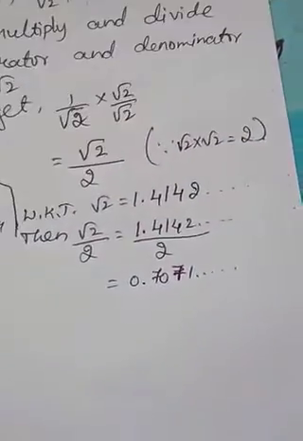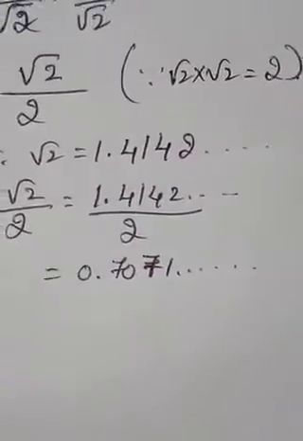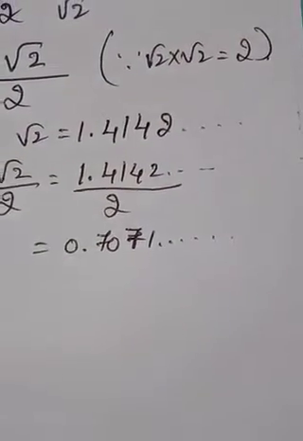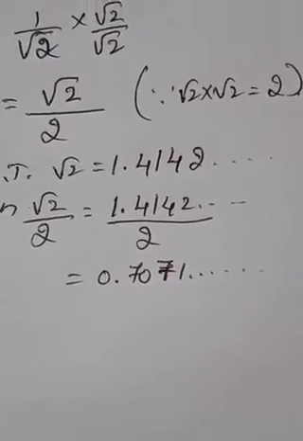By seeing this number, you come to know that this number is non-terminating and non-recurring. That means non-terminating, non-recurring means it's an irrational number.